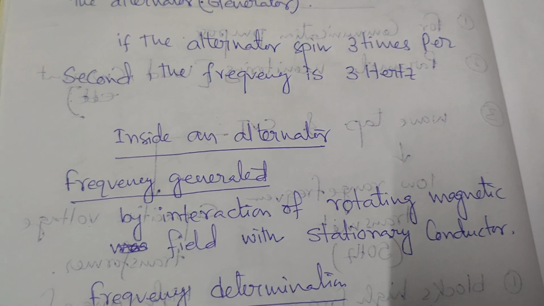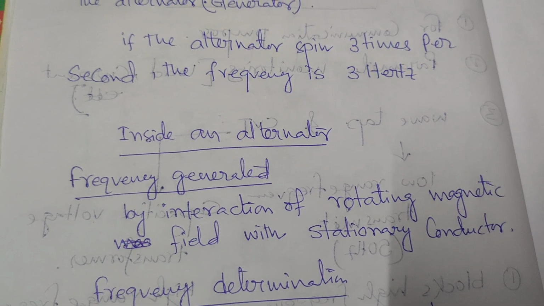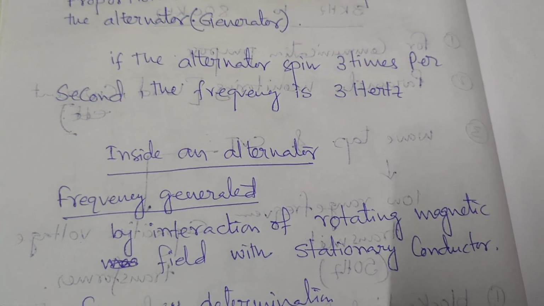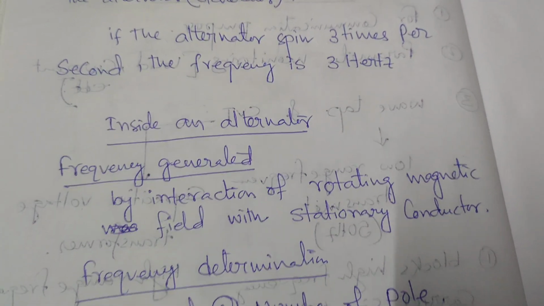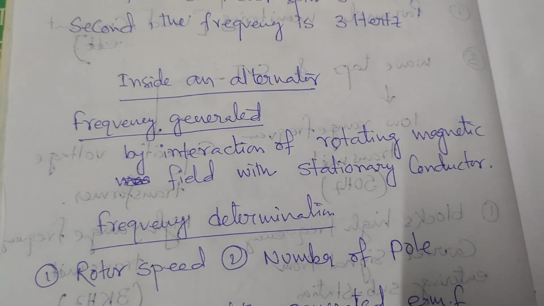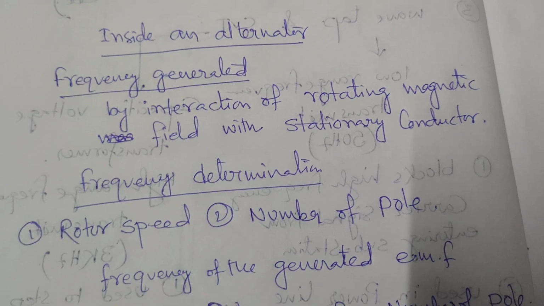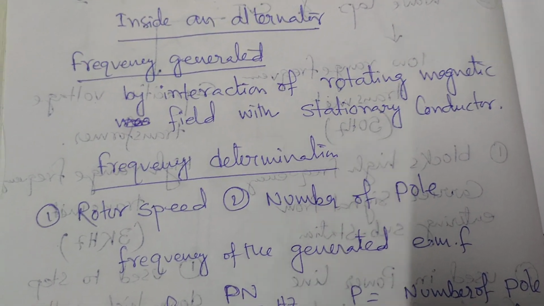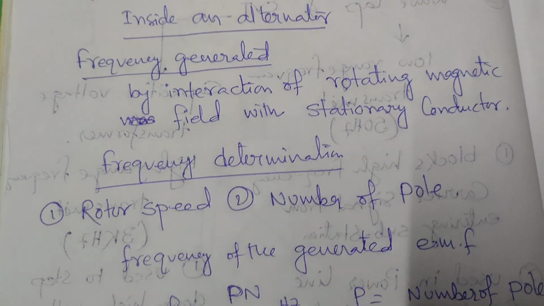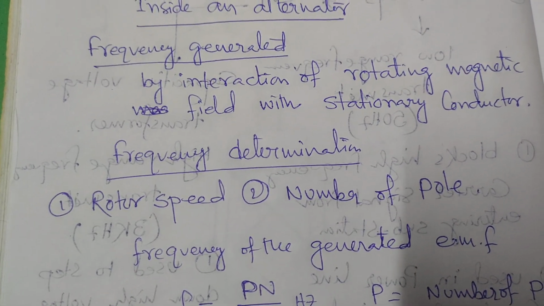We all know the formula of frequency is F equal to 1 by T. What is T? T is the time period. Here, two parameters are very important for determining the frequency: one is the rotor speed and another is the number of poles.